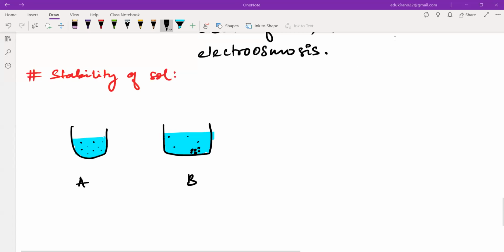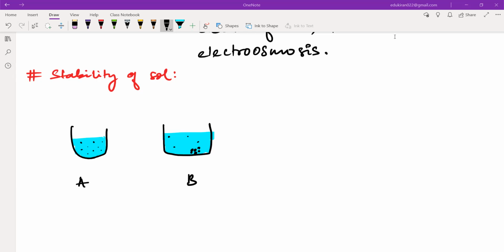Which will be more stable: the one in which it is completely dispersed in the dispersion medium, or the one in which some of the colloidal particles, the small particles, are aggregated? A. Okay, what about others? Fatima, Sania, Abir, what do you think?